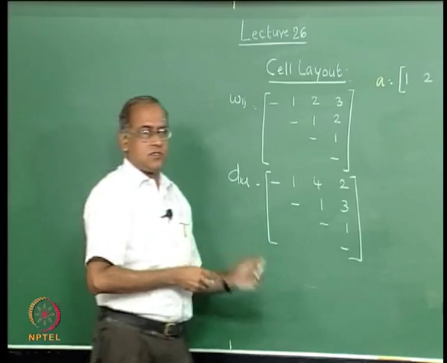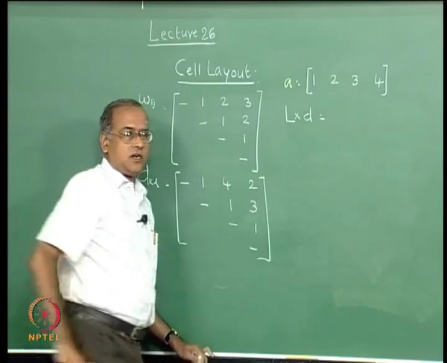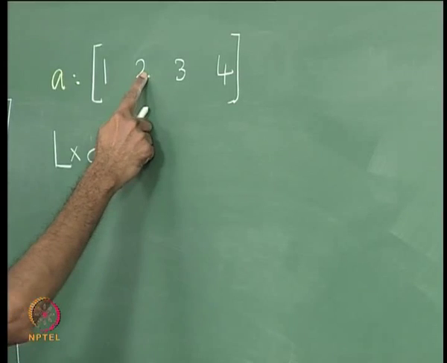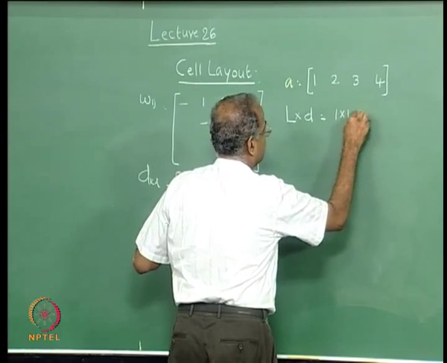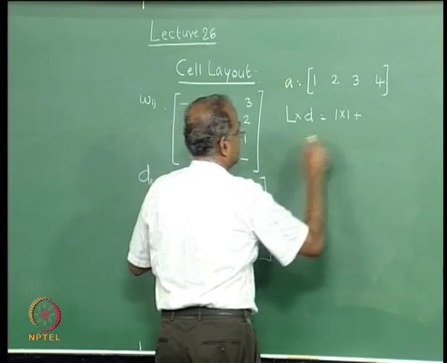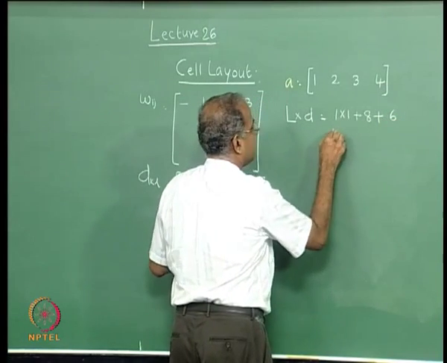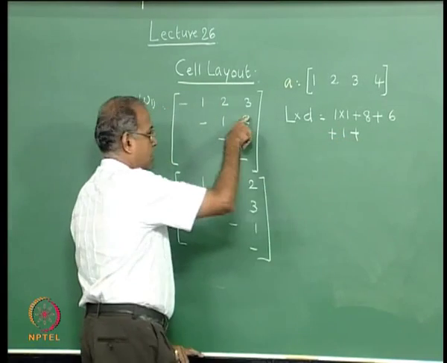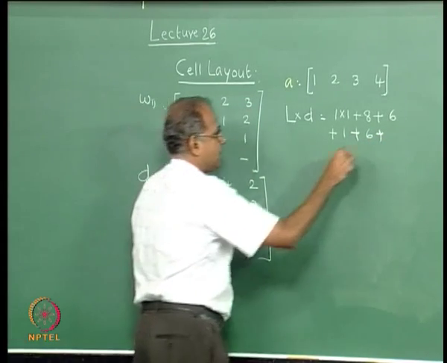So, if we begin with 1, 2, 3, 4, the objective function or load into distance for 1, 2, 3, 4 will be W12 into D12. W12 is 1, D12 is 1, 1 into 1, plus W13 D13, 4 into 2, 8, W14 D14 6, W23 D23 1, W24 D24 6, W34 D34 1.